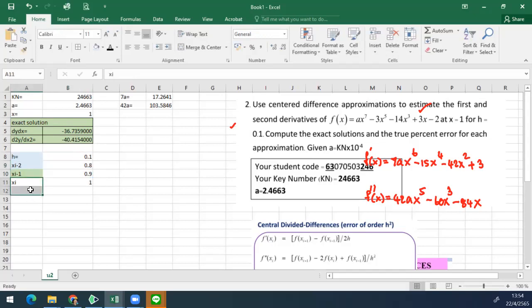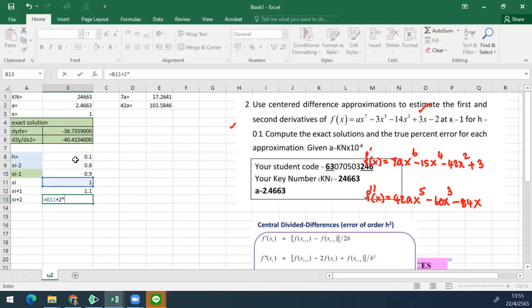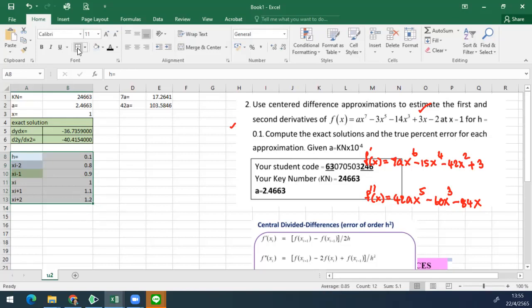Okay, and xi plus 1, right? And this is xi plus 2. It should be xi plus h and xi plus 2h. Okay, it should be all right.